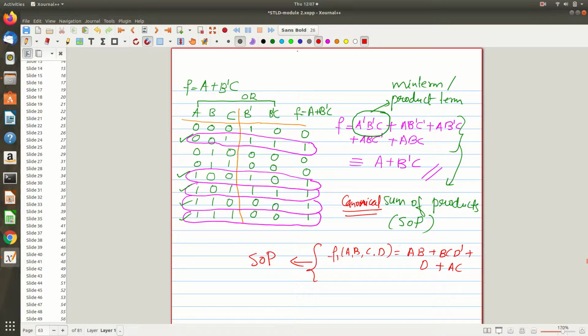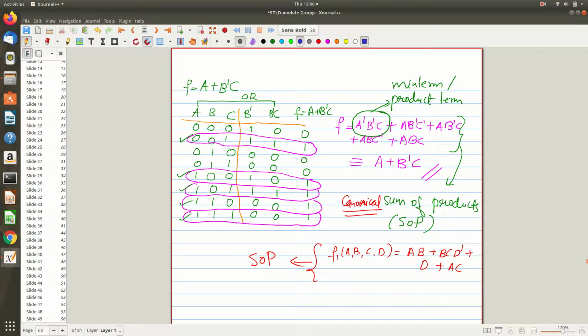Now let me tell you another important concept. I am just relating it only. This is not related to logic system design. This sum of product term in propositional logic, we call it, can anyone remember what it is? These products are actually represented by the AND gate there, right? The AND operation is nothing but the conjunction, and the sum is nothing but the disjunction.